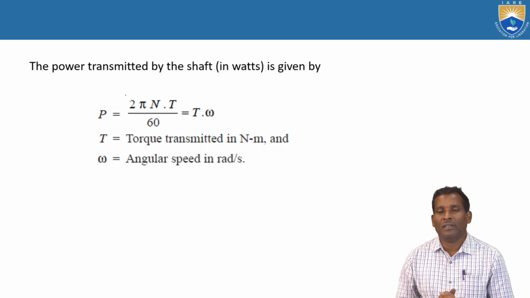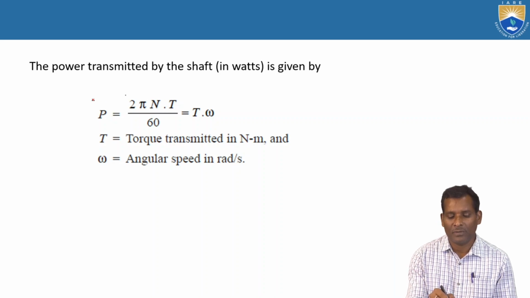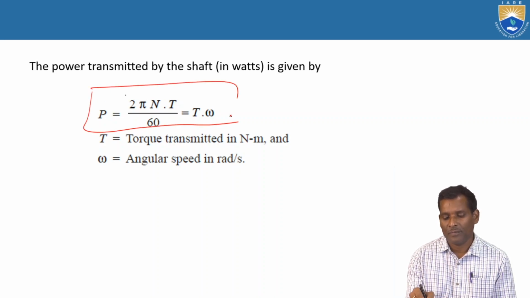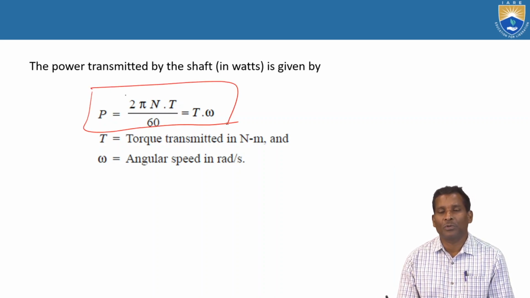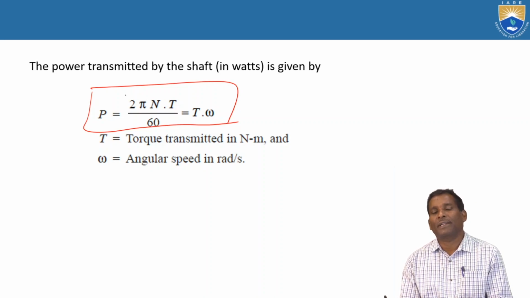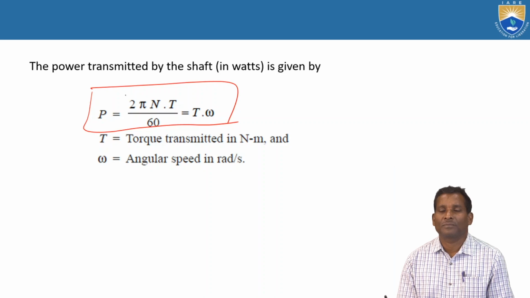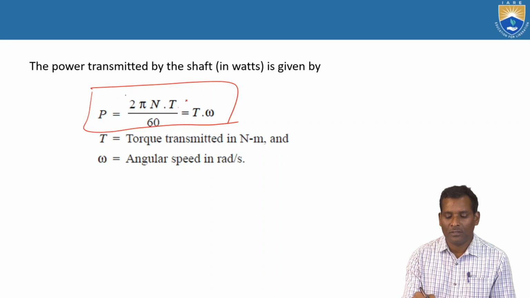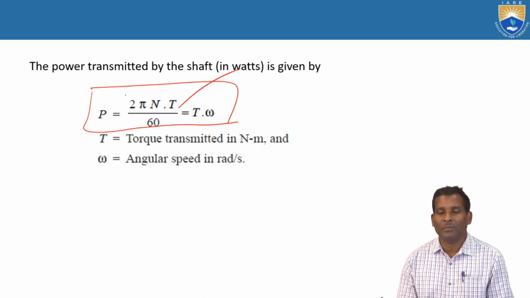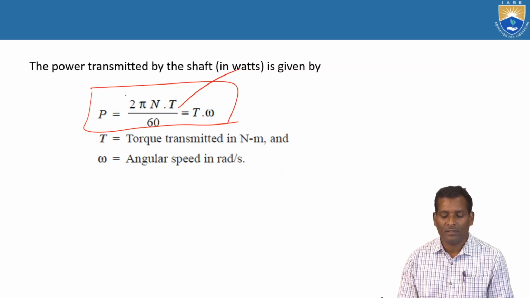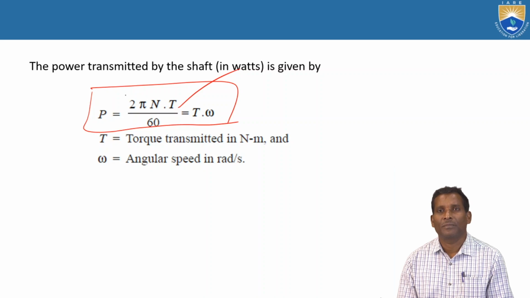Now another equation is there, the power transmitted by the shaft. What is the equation? P is equal to 2 pi N T by 60. Here T is the torque transmitted in Newton meter, and N is the rotational speed.